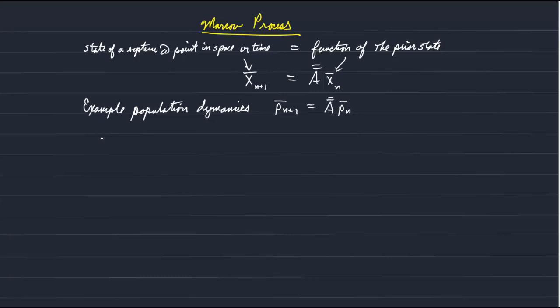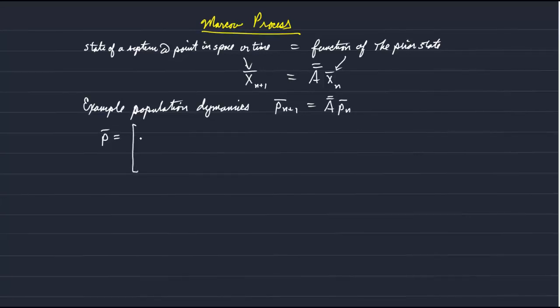So let's describe P as equal to X, Y, and Z, where X is the population of Delaware, the number of people in Delaware.